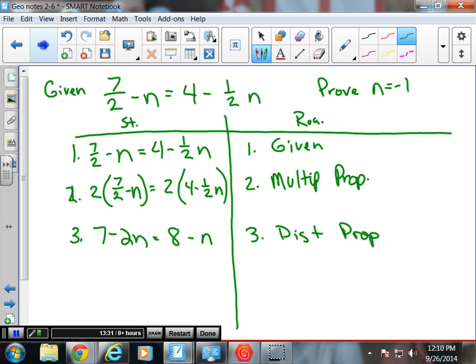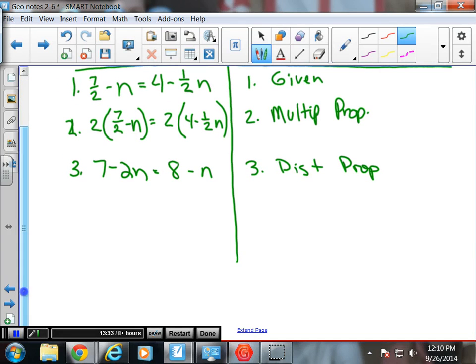Now, in order to get the n's by themselves, I have to do a couple more steps. I want to get rid of the n on the right side of the equal sign. So I'm going to add an n to both sides: 7 minus 2n plus n equals 8 minus n plus n.